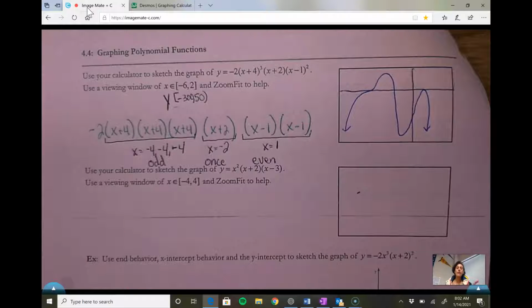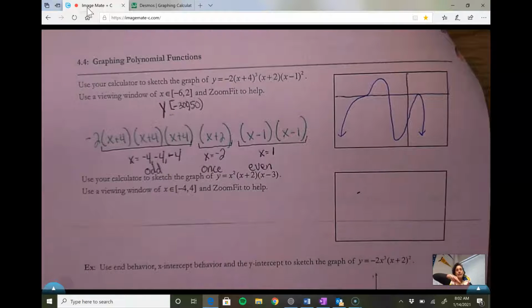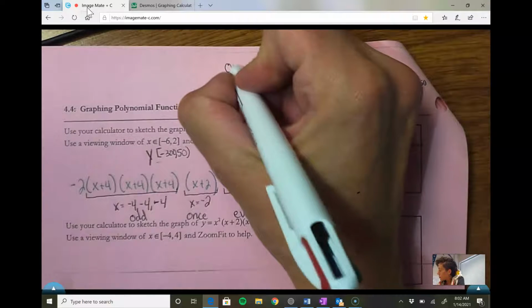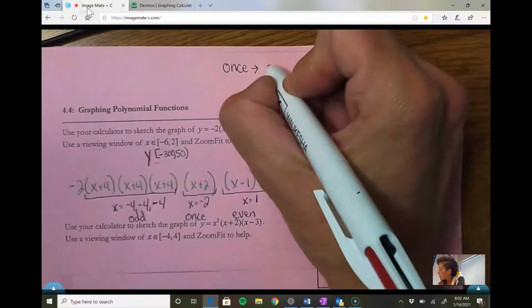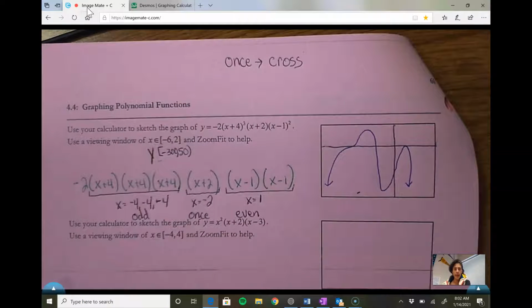So what you need to focus on is how many times your solution shows up. If it shows up once, that's the clean cross. If your answer just shows up once and we're ready to graph, the shape will just cross through the x-axis.